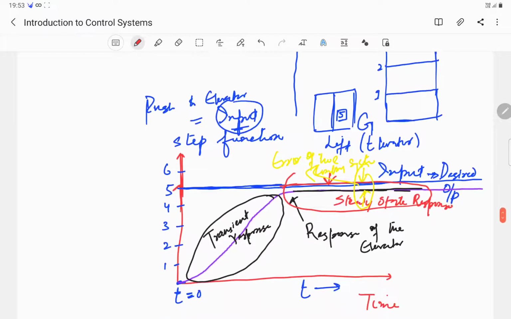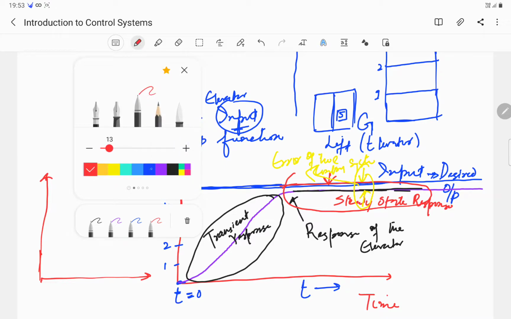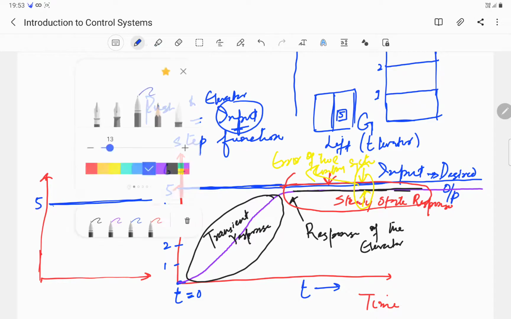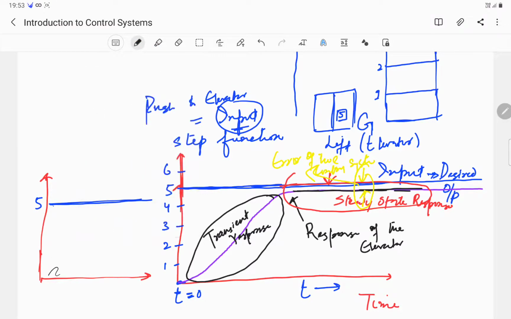Now, as can be seen from the plot, let me redraw it. This is the input, which is a constant value of 5. But the output stays just below the value of 5. So there is a difference.